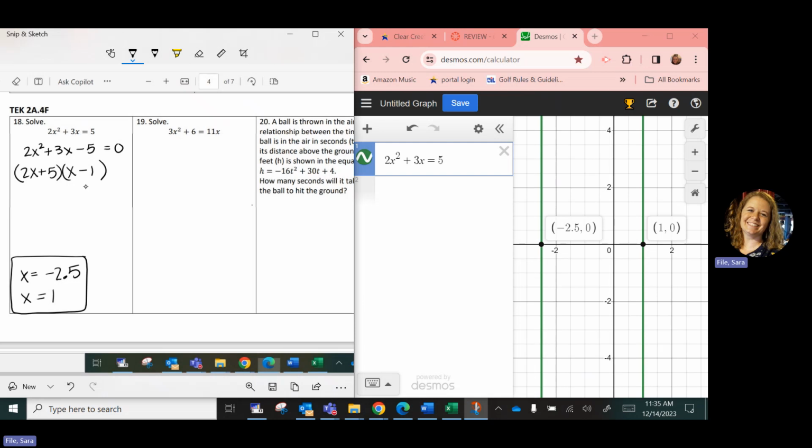And what I was explaining to you a second ago when we were doing the factoring questions is if you take each factor individually and set it equal to 0 and solve, those are your x-intercepts. So here I would have to add the 1 over. And here I would have to subtract the 5.